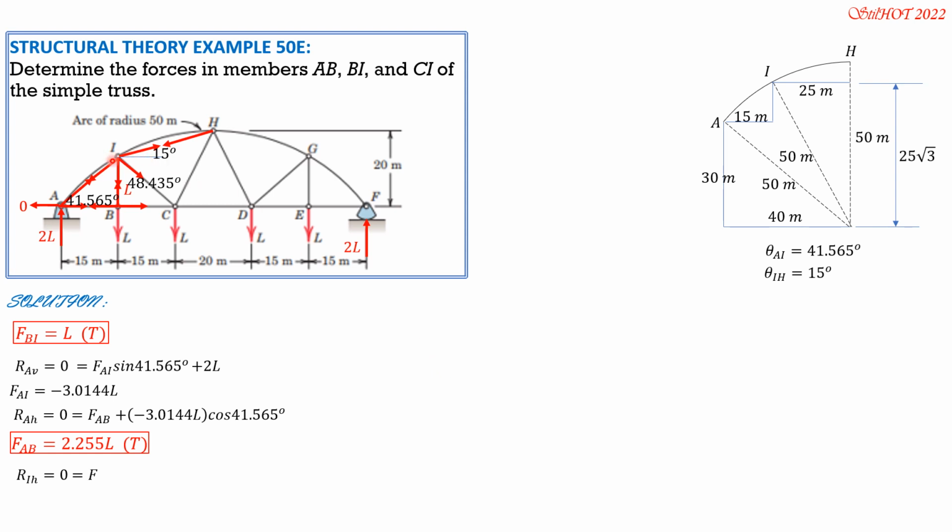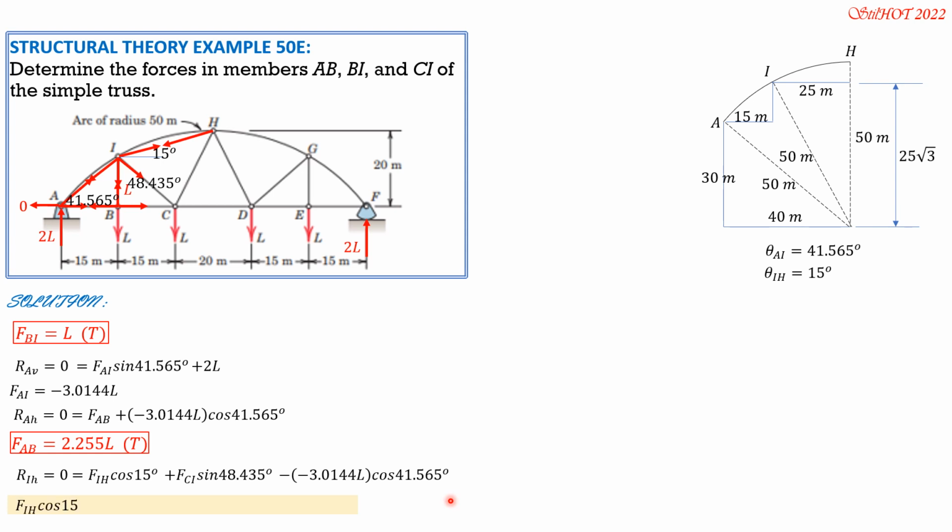So we have FIH cosine 15 degrees, plus FCI sine 48.45, the horizontal component of FCI, then minus FAI, so minus negative 3.0144L, cosine of 41.565. The angle it makes with the horizontal is 41.565, so that's why we multiply by cosine 41.565.